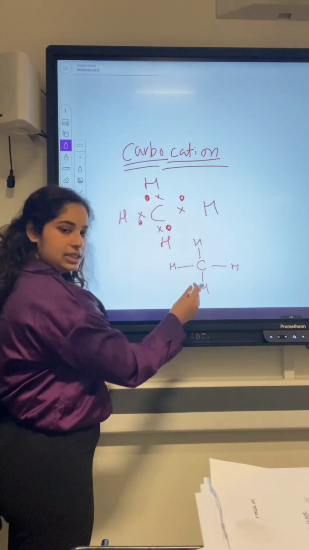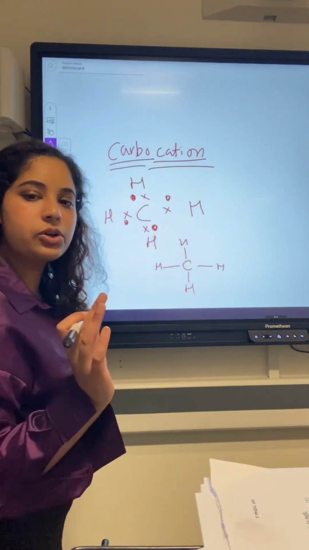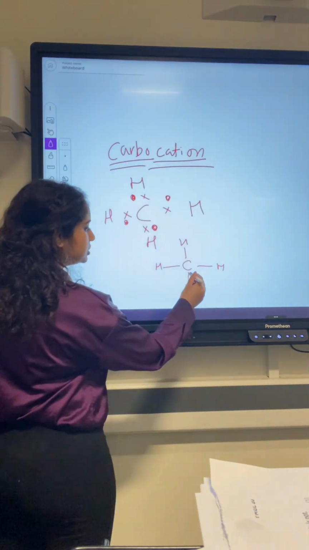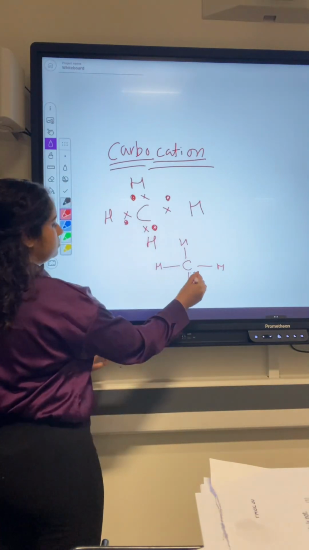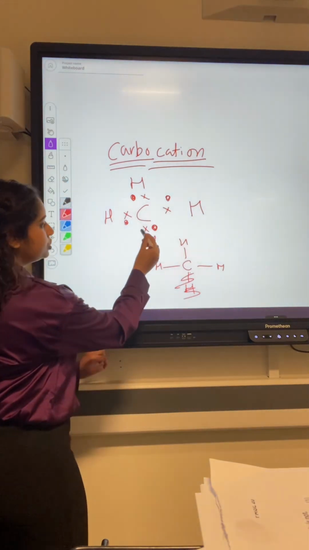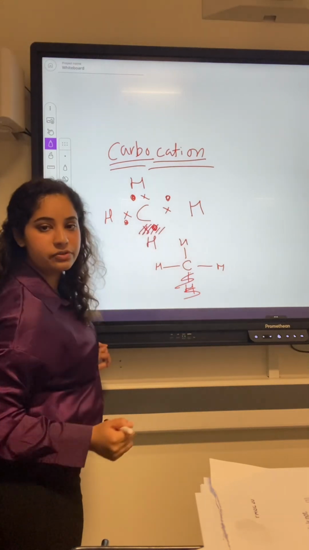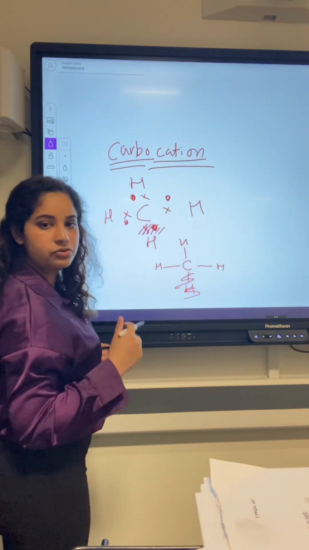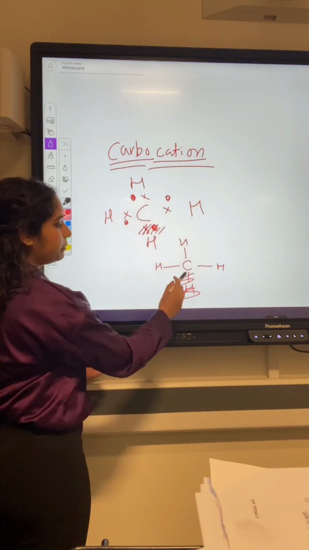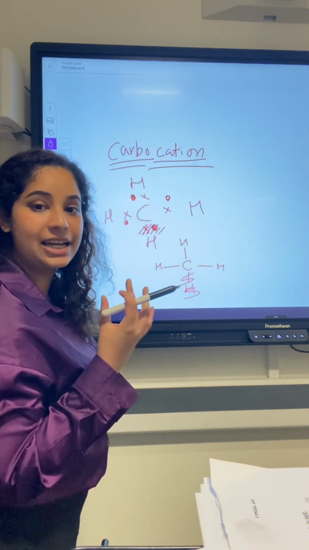So let's have a look at how a carbocation is formed. A carbocation is formed when we remove a bond. So let's get rid of this bond. When we get rid of that bond, we're also getting rid of this shared pair of electrons, because one bond represents a shared pair of electrons. So the carbon is electron deficient now because it's lacking electrons.